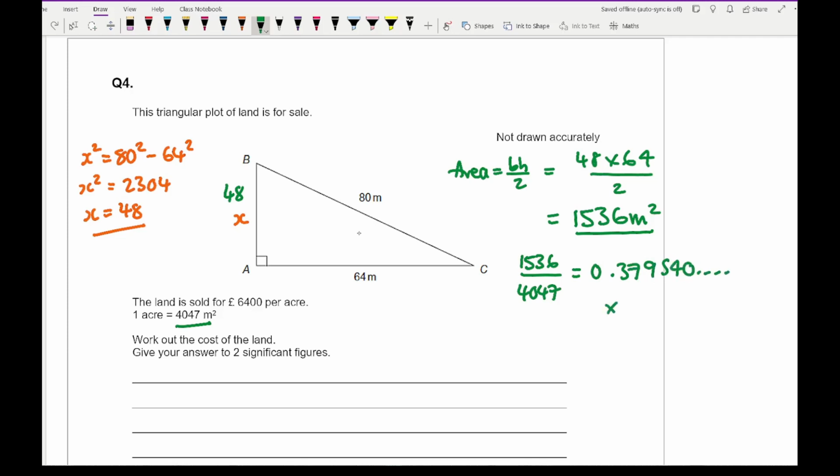But then if I multiply that by the cost, which is 6,400, I get an answer of £2,429 and 6 pence. But I need to round to 2 sig fig, so it's going to be to the nearest 100, so it's going to be £2,400.